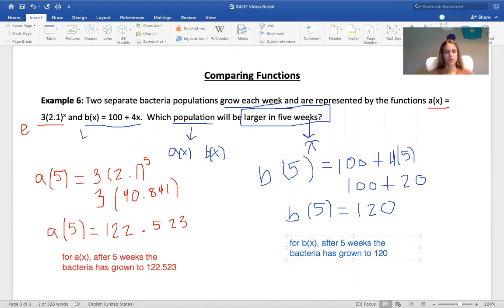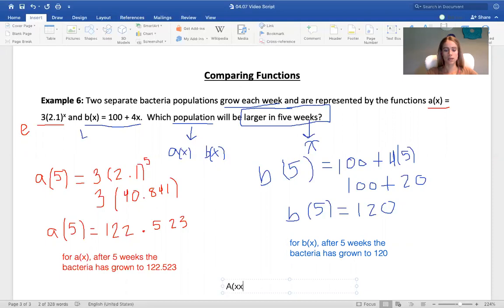All right, so I have the information. But if I go back to that question, it wants to know which population is larger. So all of this was the data I needed, but my actual answer is going to be the first equation, a of x. And just as a bonus, how much larger is it?